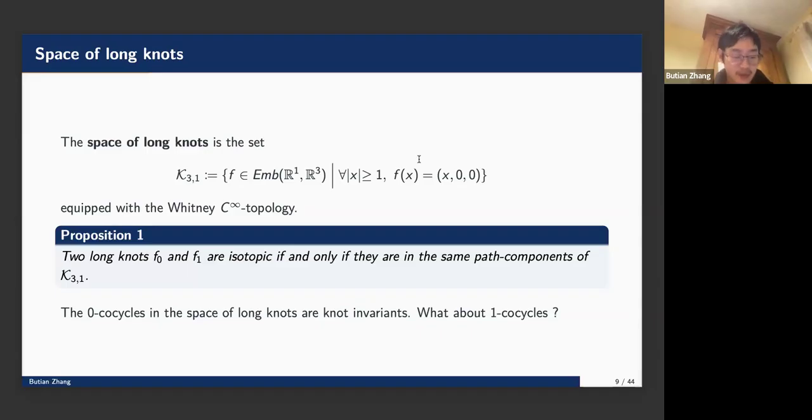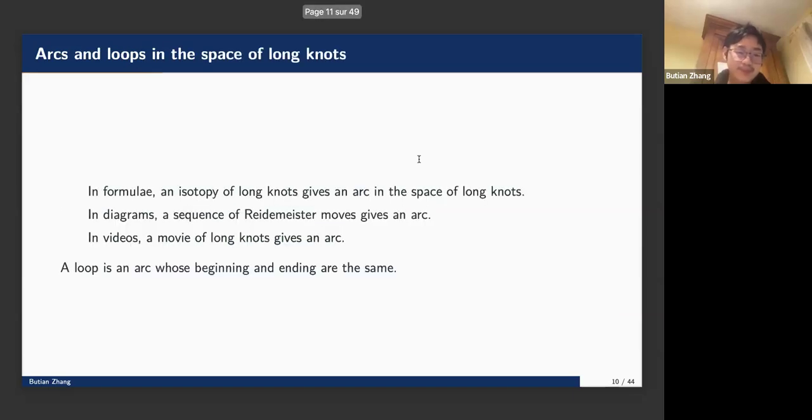Before talking about the one cocycles, I shall talk about one cycles in this space of long knots. One cycles, that is to say the loops, and more generally the arcs in this space. The arcs and loops in this space can be described in different ways.